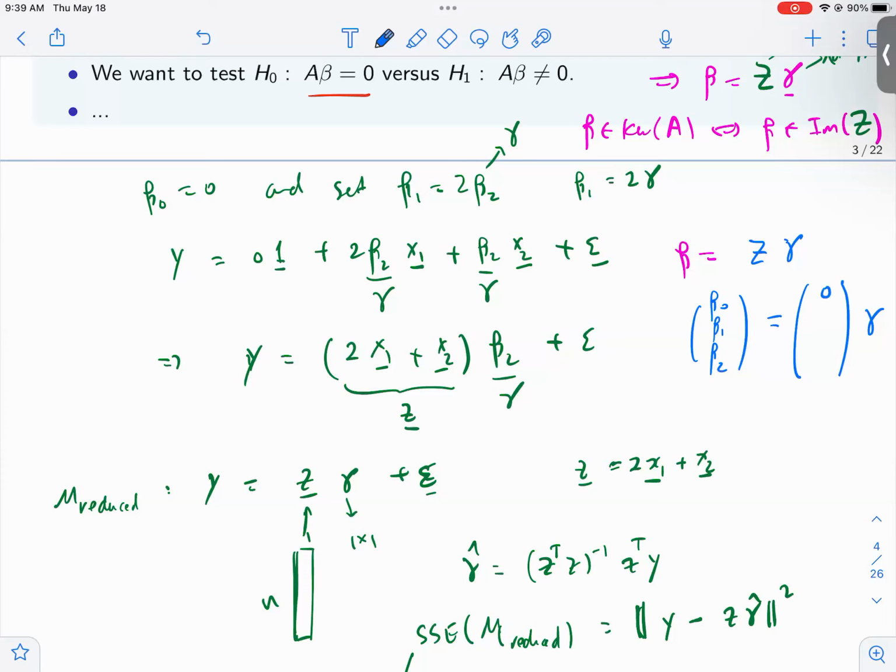What is beta 1? 2 gamma. What is beta 2? Gamma. So that would be our Z.